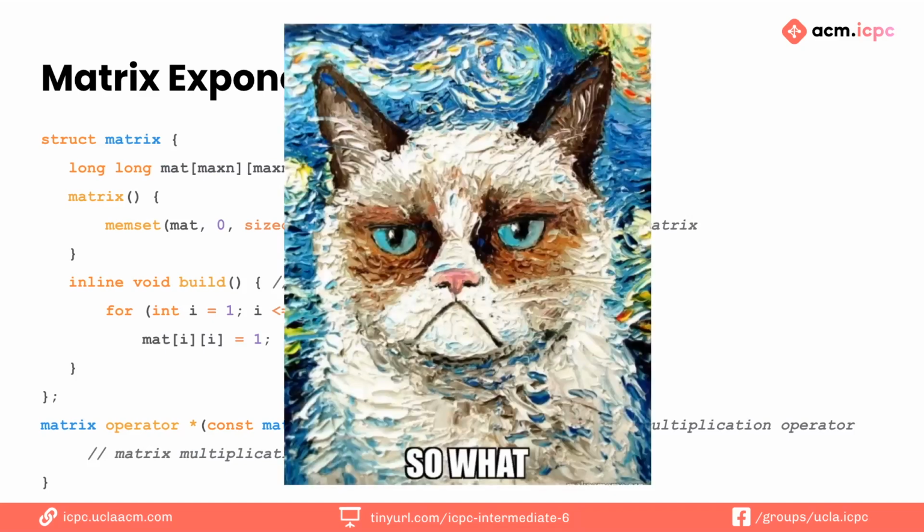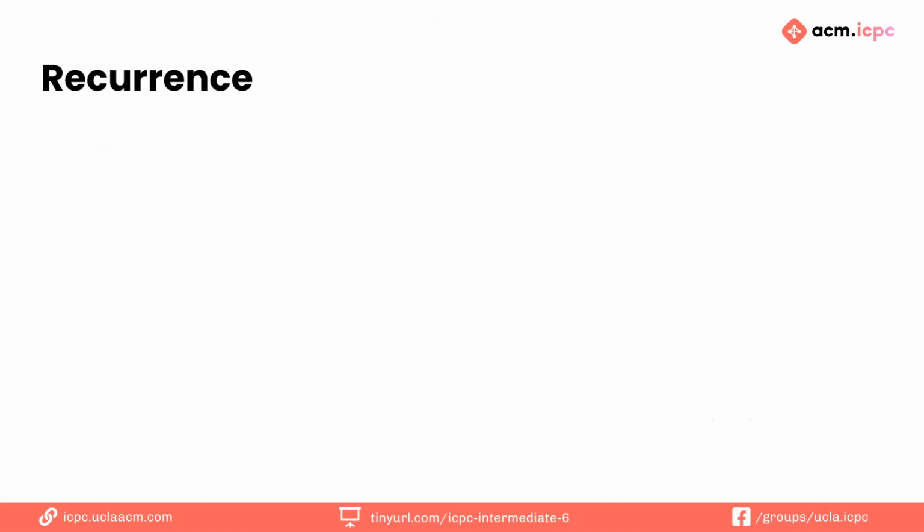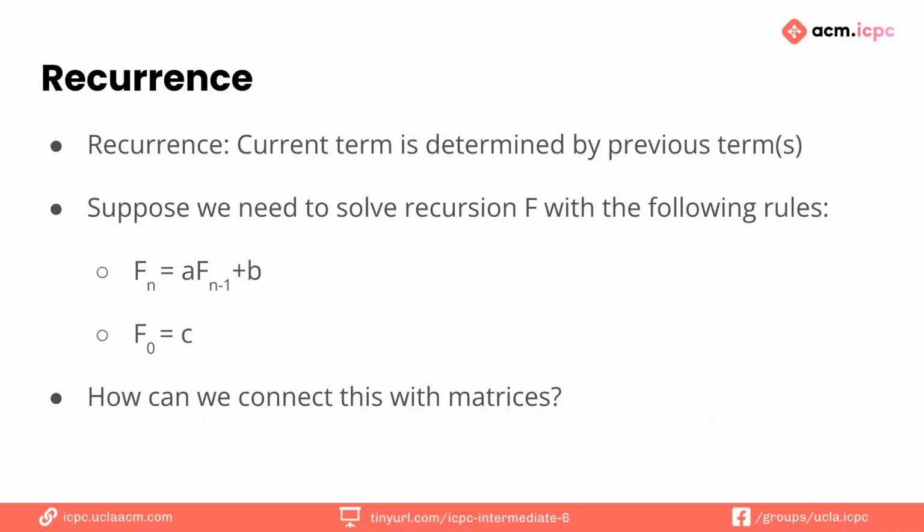And the question is, so what? I mean, we develop such techniques not only to calculate some useless enormous matrix powers. And then we are going to talk about a very interesting application of it, which is about recurrence. If you were not here at previous workshops, we're not going to go deep into recurrence itself.